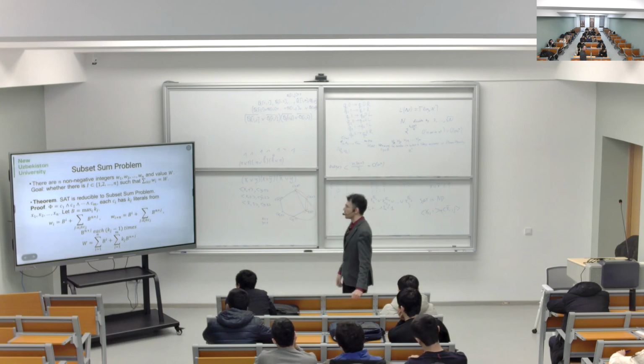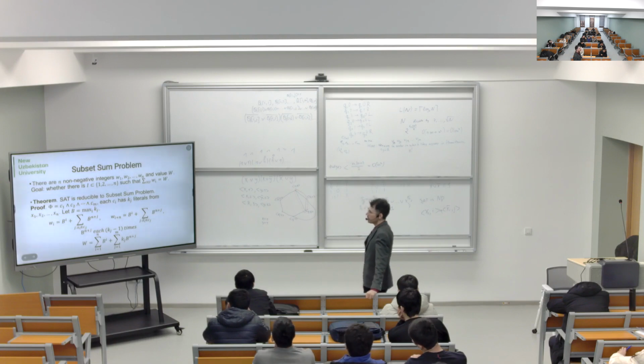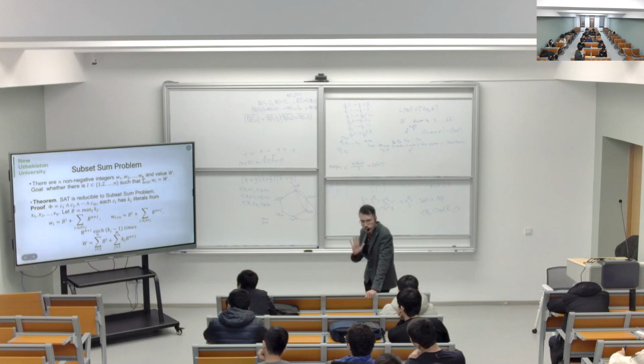Theorem: SAT is reducible to the subset sum problem. Proof. Let's say that we have clauses C1, C2, etc., Cm, and each Cj has kj literals from x1, x2, etc., xn. Let B be equal to the maximum of kj. So what do we say?